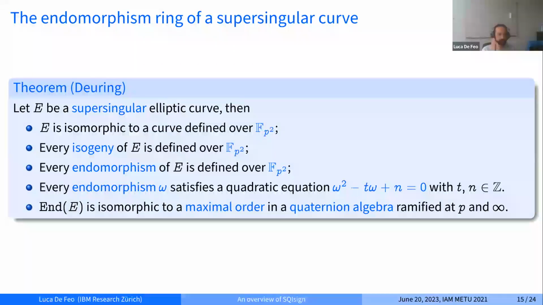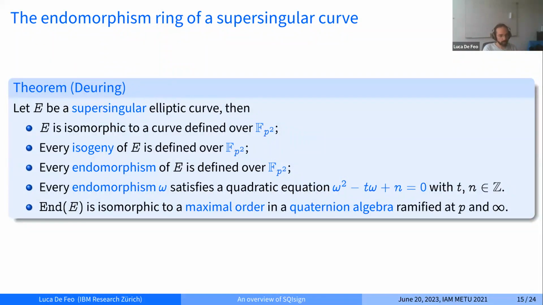Well, the first thing you notice is that every endomorphism satisfies a quadratic equation. This is a powerful theorem, which tells you that essentially every endomorphism has a minimal polynomial, which is omega squared minus T omega plus n, where T and n are two integers.